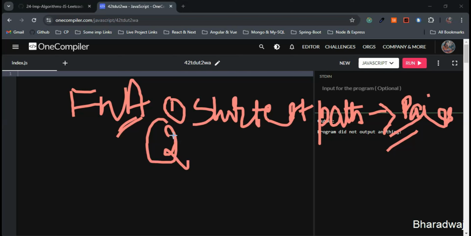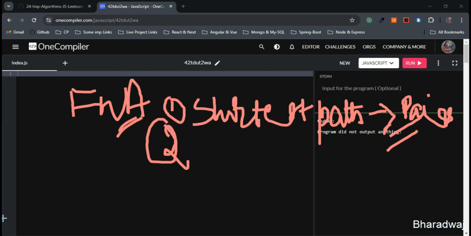Let's understand the basic idea behind this one. The idea is to repeatedly consider whether a path through an intermediate vertex gives a shorter route between two vertices than any previously known path.